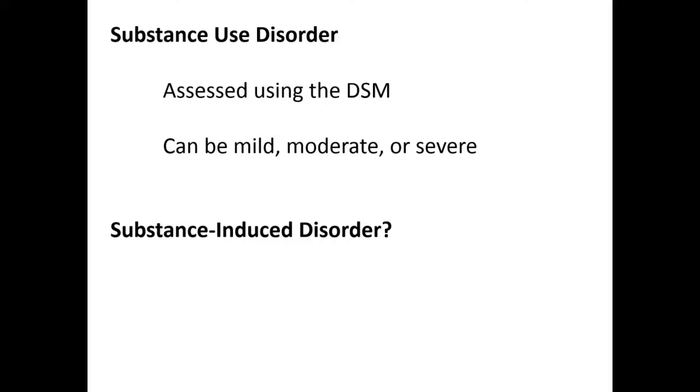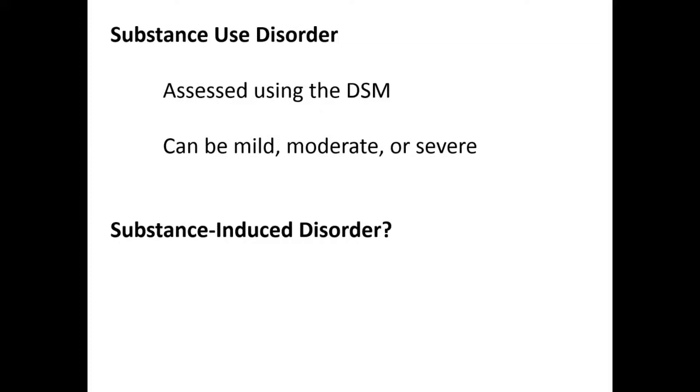Now, it is also important to mention that in the DSM, there is something called a substance-induced disorder. In your reading, it addresses the difference between a substance use disorder and a substance-induced disorder. A substance-induced disorder is some other kind of problem, which can be a mental problem, that was induced by a substance. For example, someone may be experiencing depression, but they don't have a major depressive disorder; their depression was induced by the use of a substance.